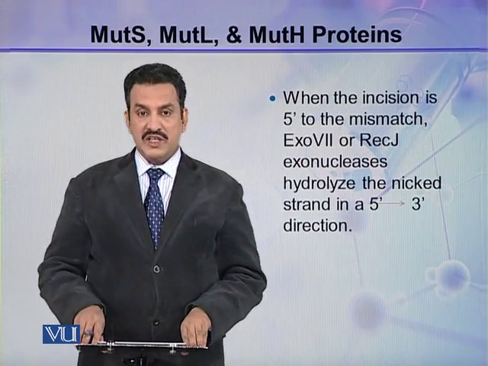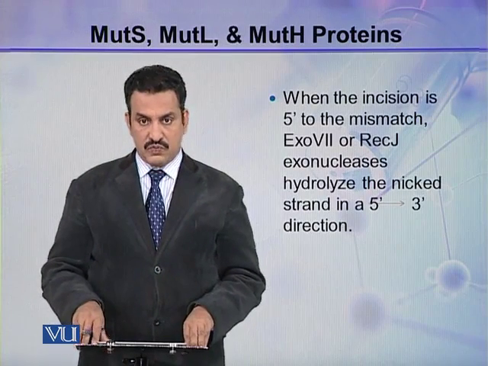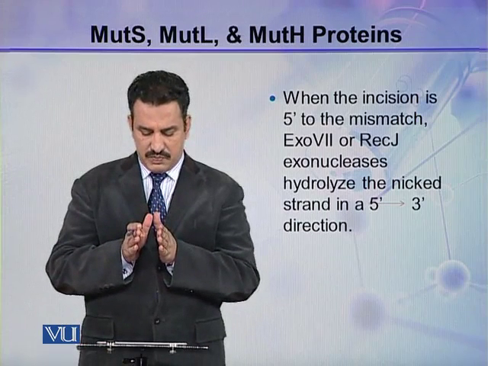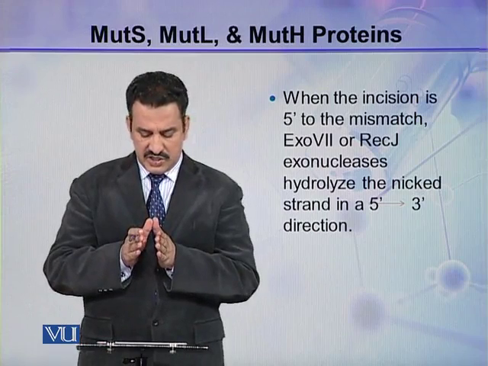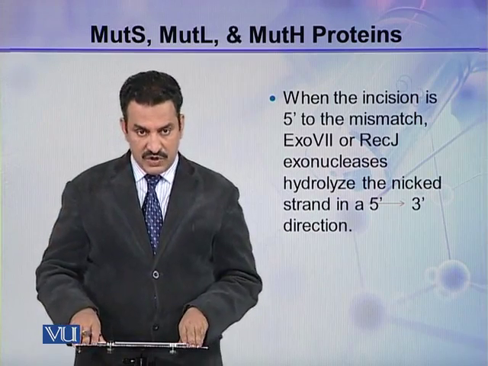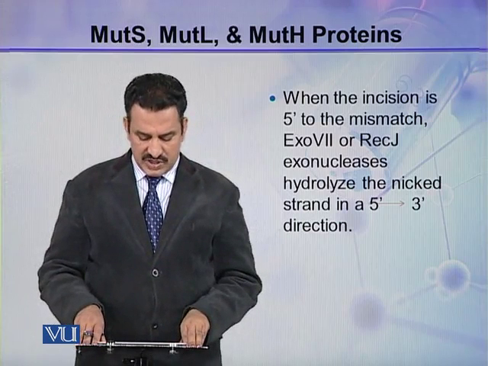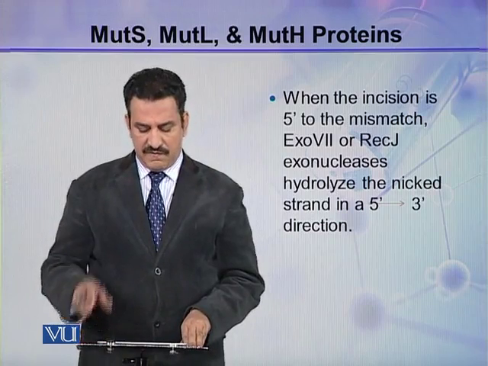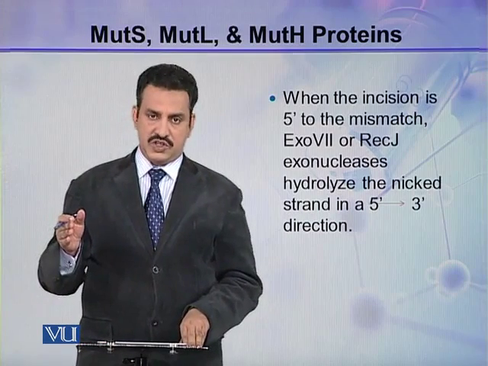When the incision is 5 prime to the mismatch, so if the mismatch is here and the incision is towards 5 prime, Exo VII or RecJ exonucleases hydrolyze the nicked strand in a 5 to 3 prime direction.